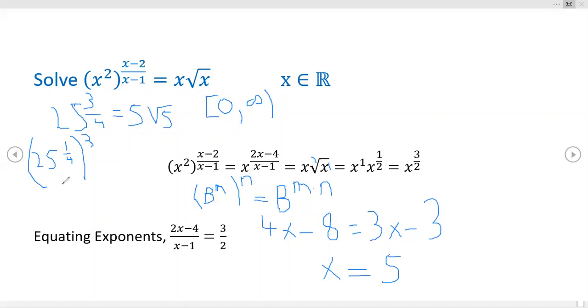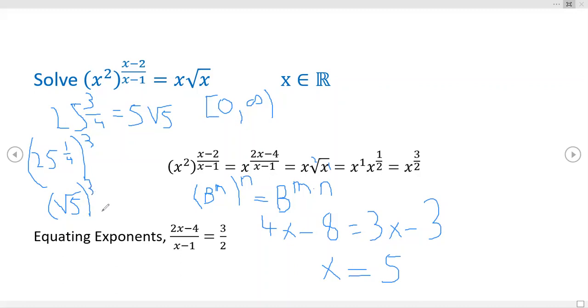And so this would be the same thing as root 5, quantity cubed. But what is that?